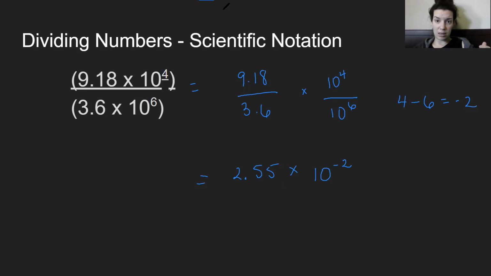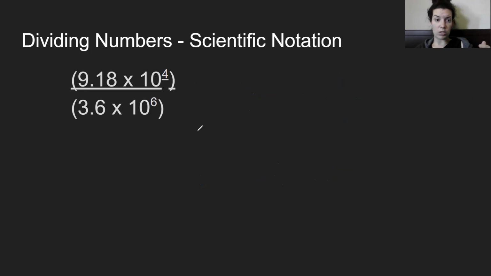So I'm going to erase all this and show you what your calculator is going to do if you don't put parentheses in. My calculator is going to do 9.18 times 10 to the 4th, so far so good, divided by 3.6, so far so good, times 10 to the 6th. Your calculator is going to go in order starting from the left. So it's going to multiply, divide, and then multiply, right?